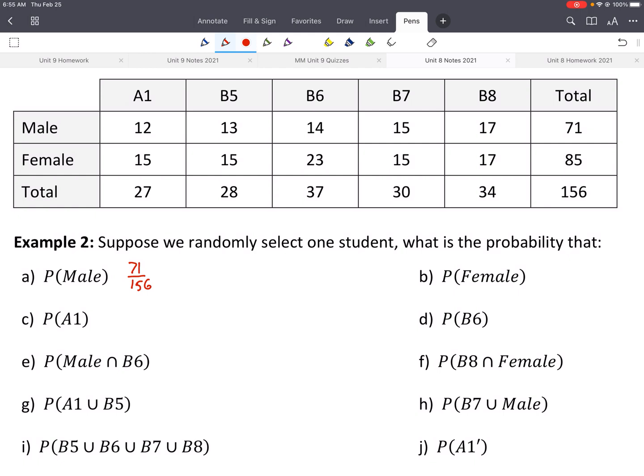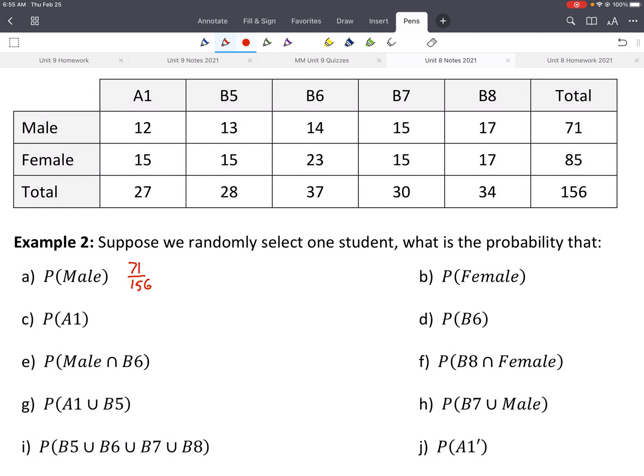One thing I didn't mention: if you have a fraction, I'm going to ask you not to simplify it. I feel like you lose data because you're losing how many are in the sample space. There's a big difference between how many people you sample. If you did 1 out of 2, it's the same as 50 out of 100, but you have more data, so I think it's more important to not simplify your fractions.